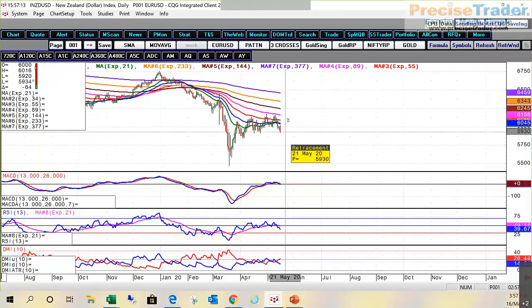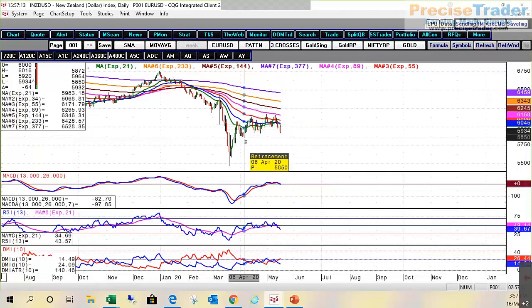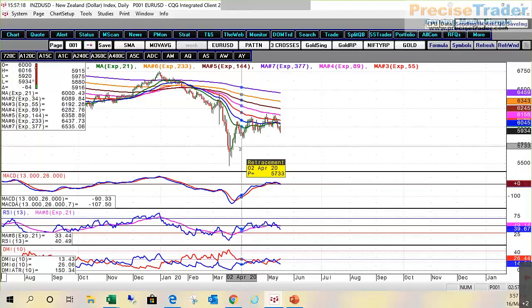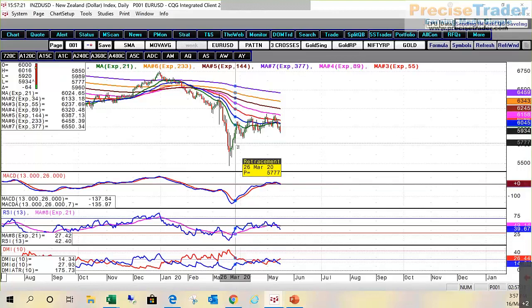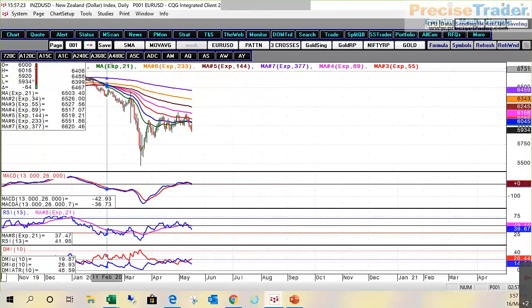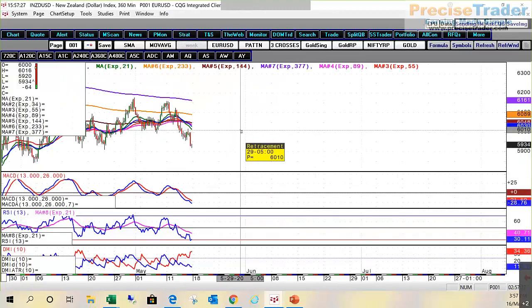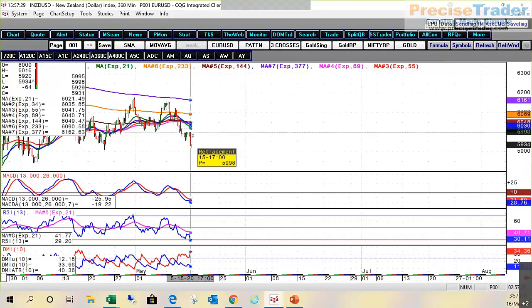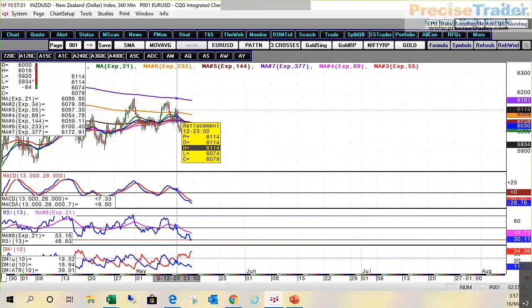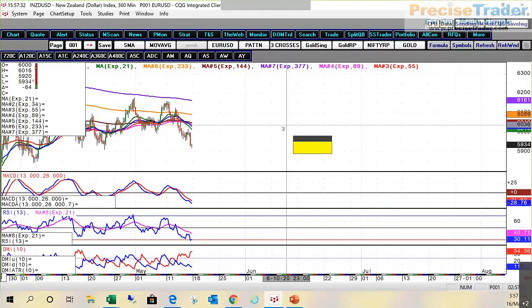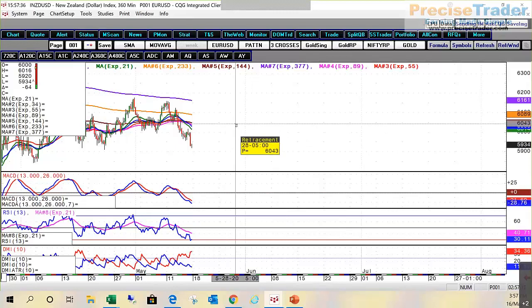So we are expecting the price to test the low. The price action is telling us that we should comfortably see 58.50 or even 58.10. On the other hand, any pullback should be limited between 60.20 to 61. Okay, this is what the chart is telling us.